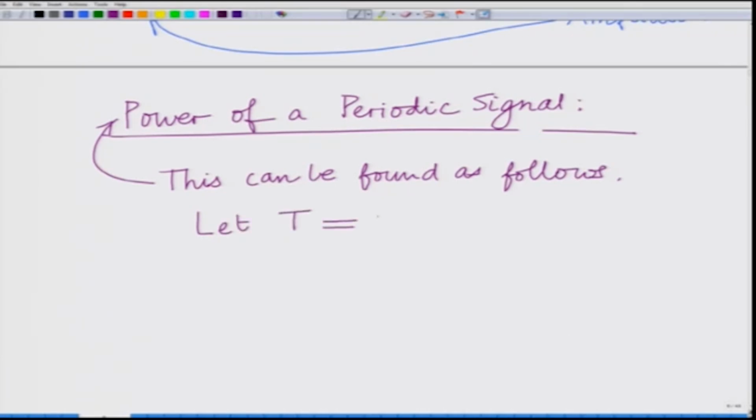Let T be the period of the periodic signal.